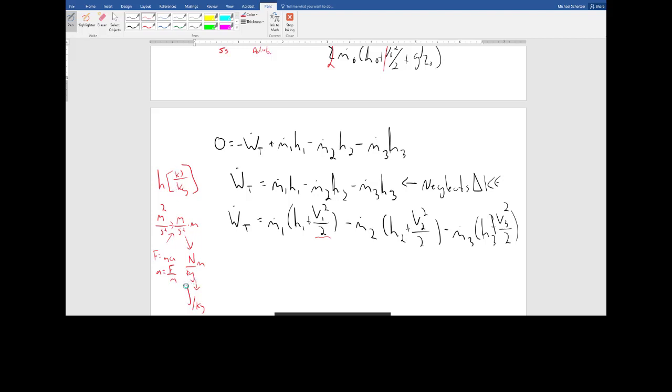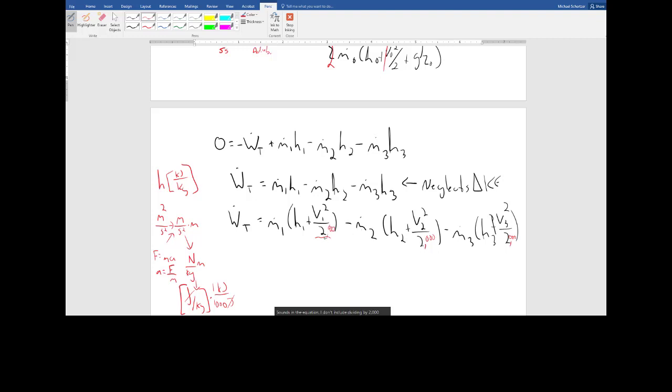But this one here was in kilojoules per kilogram. So I have to take these terms and say I've got 1 kilojoule per 1,000 joules. Then the joules cancel, and I get kilojoules per kilogram. So I'm going to have to divide both of these terms by 1,000. In the equation, I don't include dividing by 2,000 every time.